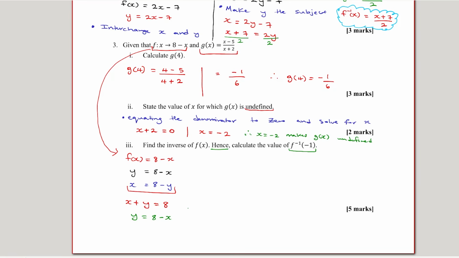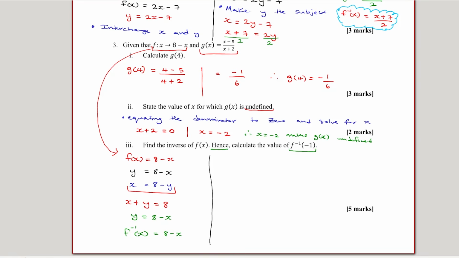Once we make y the subject, all we need to do is simply say that this is the inverse. So we found the inverse of f of x, and if you look closely here, the inverse and the function are both the same. That happens on rare occasions, so it doesn't always happen that the inverse and the function are the same thing. That's a rare one.